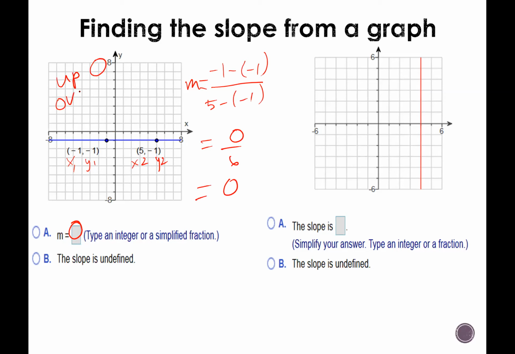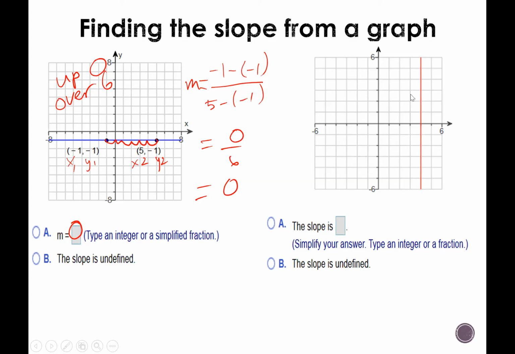And then over, let's see, 1, 2, 3, 4, 5, 6. So over 6. So there's almost 3 ways to do that. One is just to memorize that horizontal lines have a slope of 0. The second option is to plug into the formula. And the third option is just to count that rise over run. So the slope is 0.